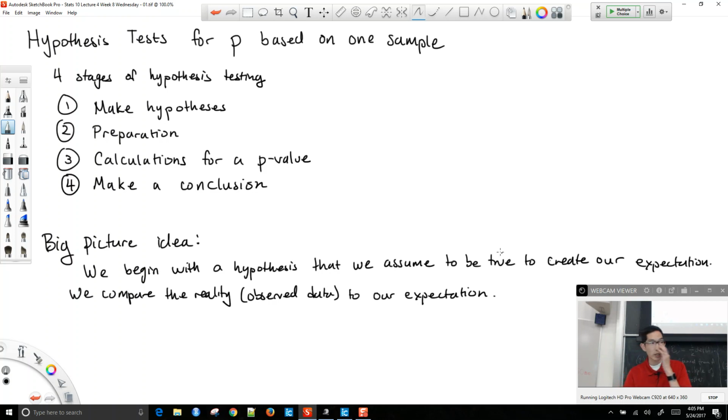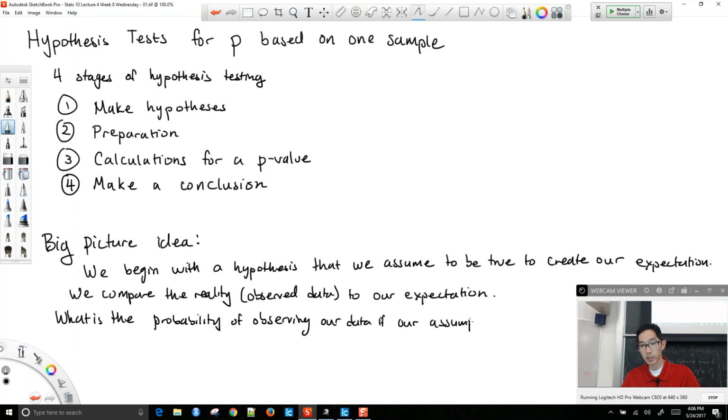And then we ask, what is the probability of observing our data if our assumptions are true, are correct? And this probability, the probability of observing our data if our assumptions are correct, that's known as the p-value.